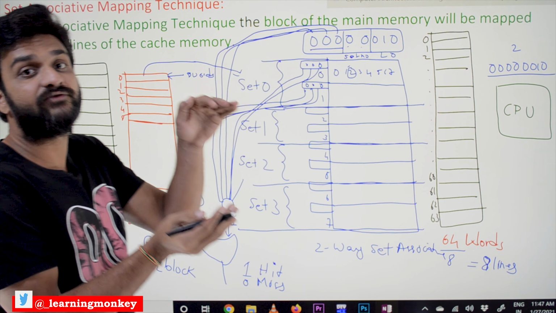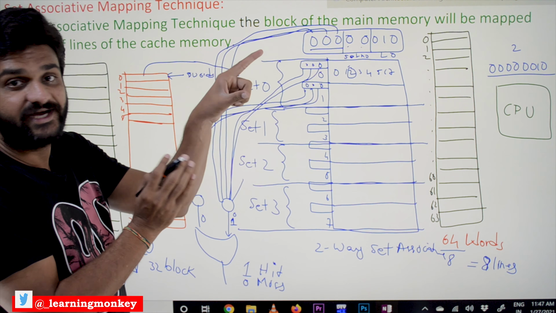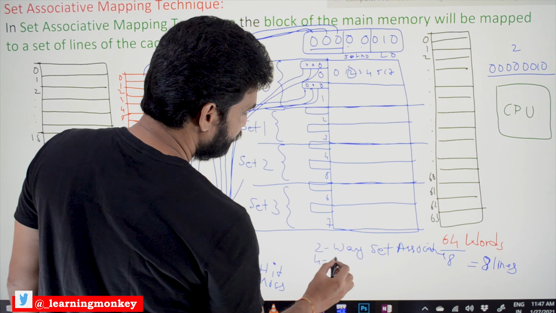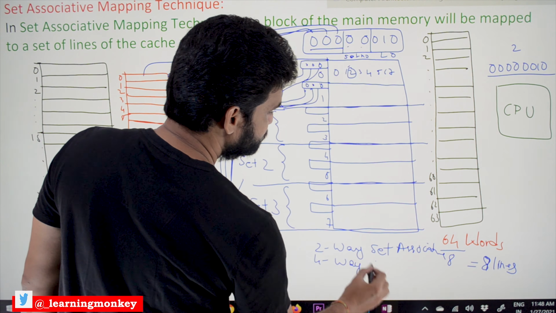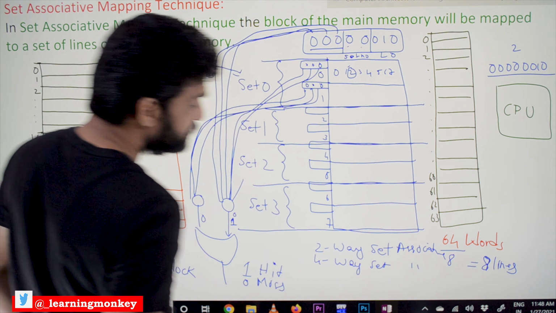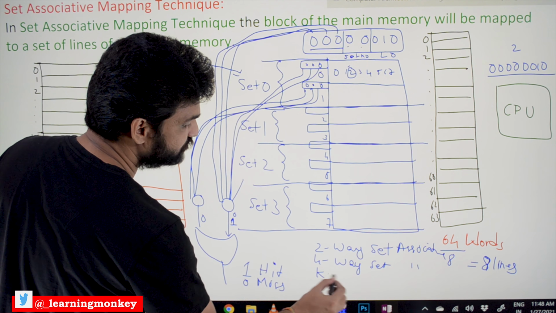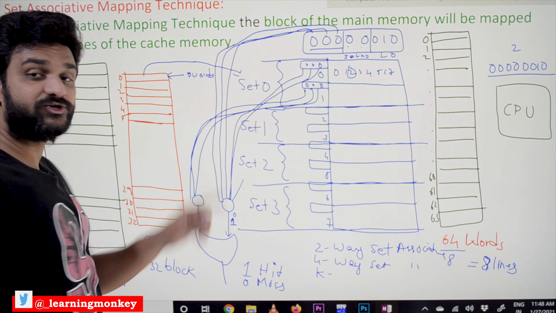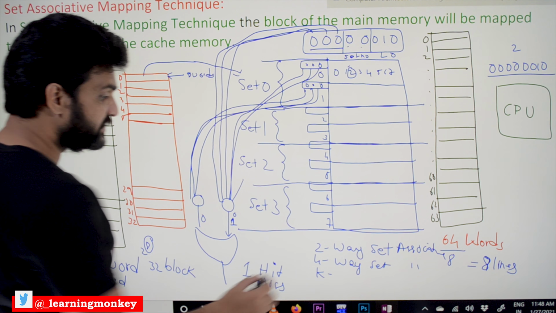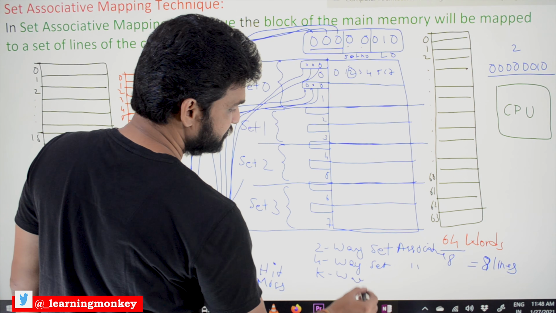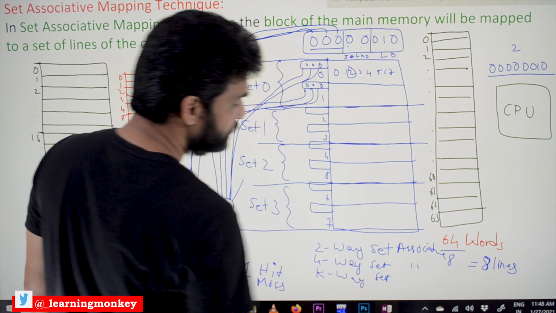For example, if we have 4 lines in a set, we call it 4-way set associative. Similarly, if k lines are grouped into one set, we call it k-way set associative. This point is very important to understand.